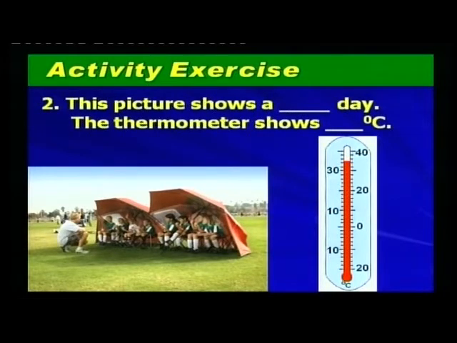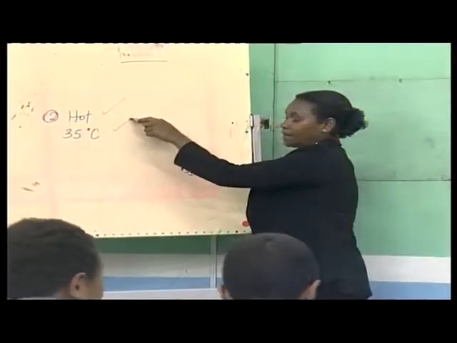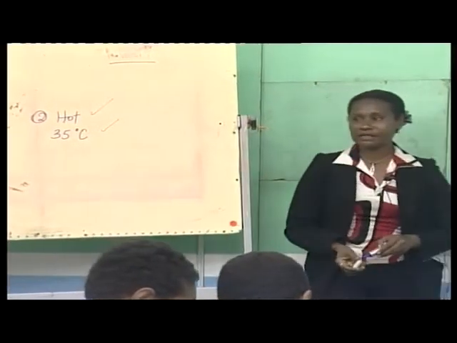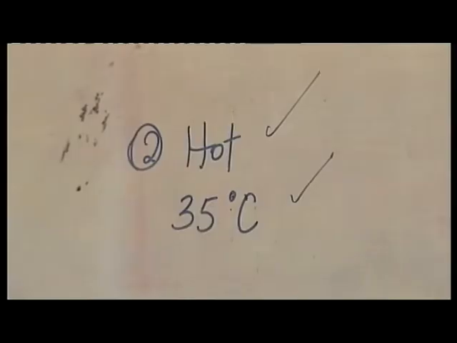So 6Cs and receiving students, your set of exercise, the second activity exercise. The picture shows that it is a hot day. If you have your answer is hot, mark it correct. And your temperature reading should be 35 degrees Celsius.